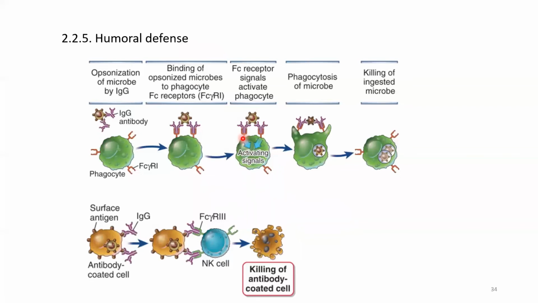Okay. For intracellular bacterial infection, humoral defense can control the infection not only by using antibody to bind free bacteria, because now the bacteria are in our cells. So how does humoral defense help to eliminate bacterial cells?